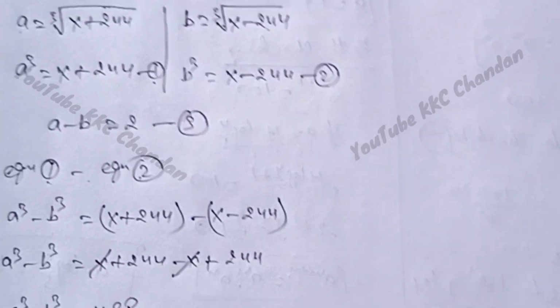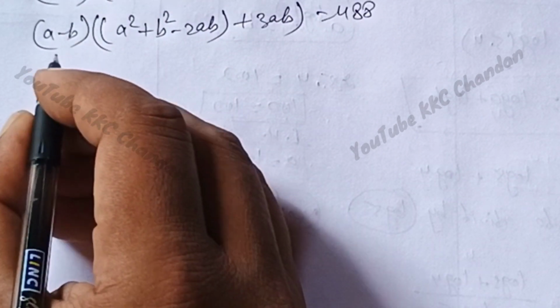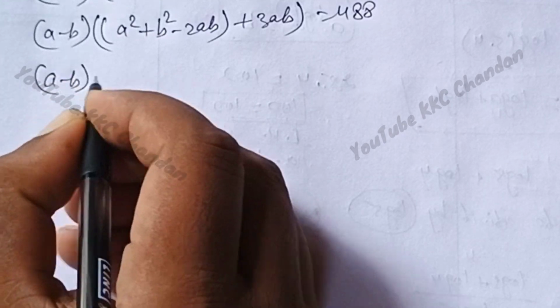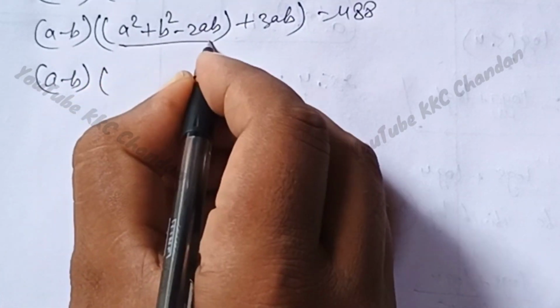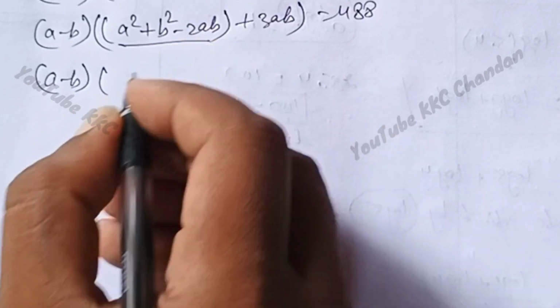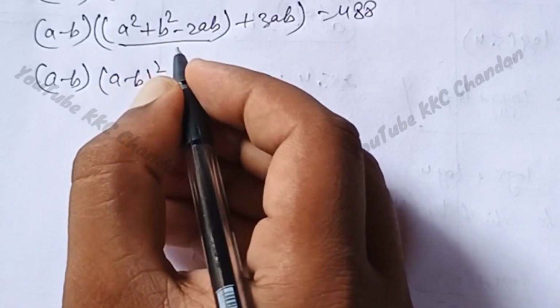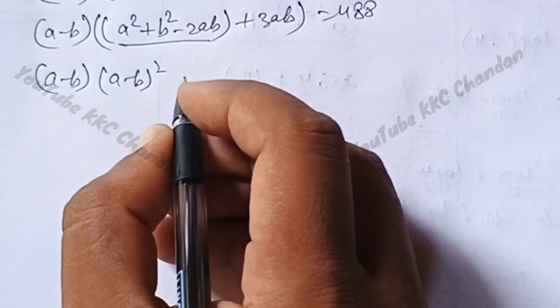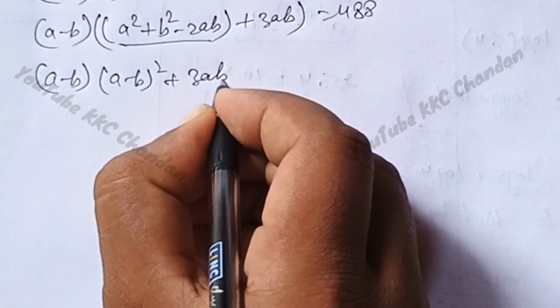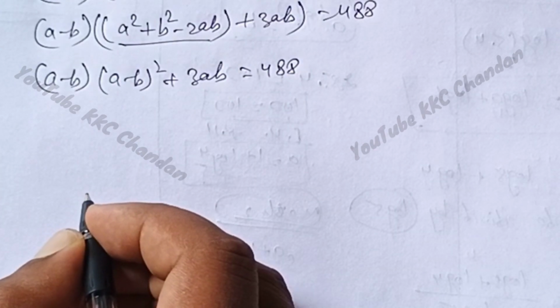After next step, A minus B bracket open close. This is A minus B whole square, the formula. After left it, plus 3AB is equal to 488.